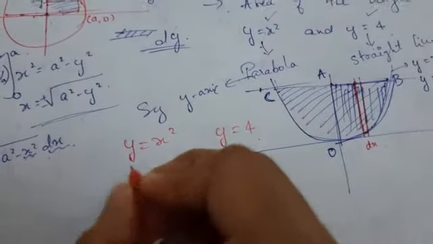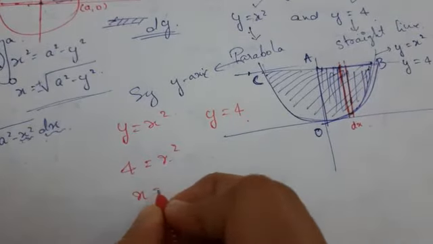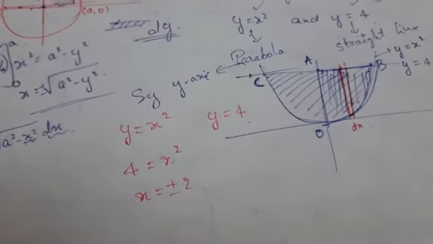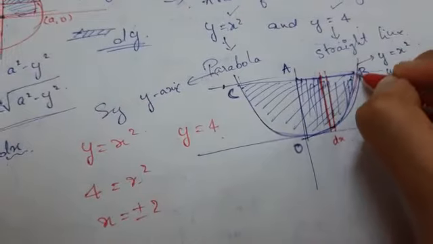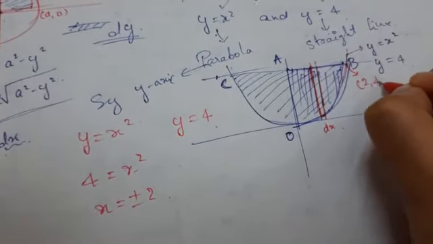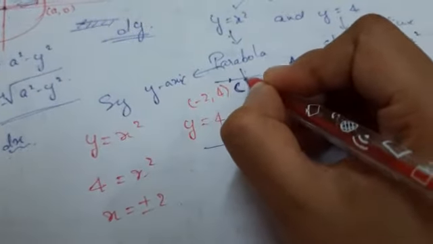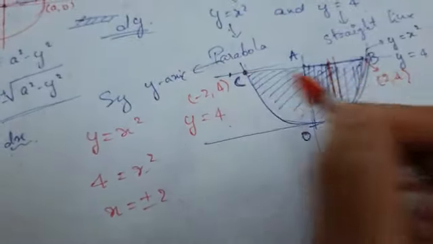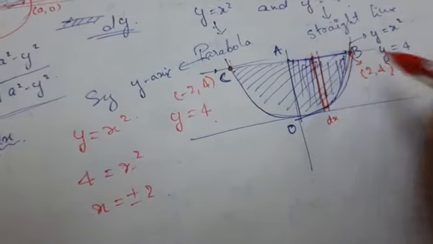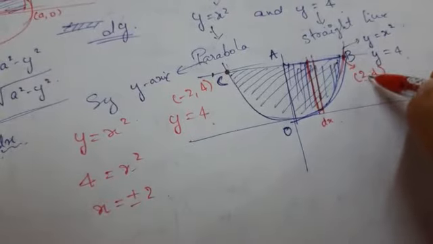If I put y is equal to 4, I am going to get the value of x, that is x is equal to plus or minus 2. So this point is 2, 4 and this point is minus 2, 4. Point C is minus 2, 4, and point B is 2, 4. So x is equal to 2 here.